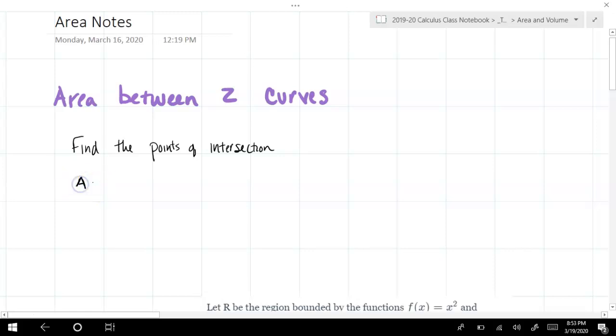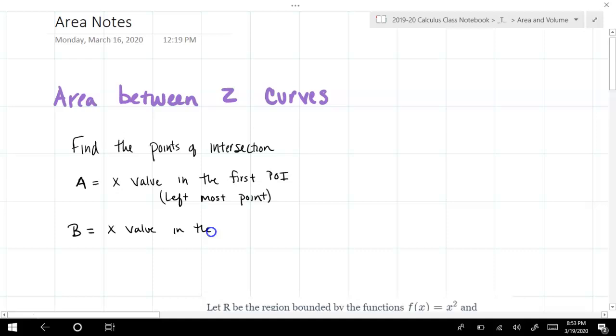I'm going to use A as the x value in the first point of intersection, or the leftmost point. Right, we read our graphs left to right. I'm going to use B as the x value in the second point of intersection.